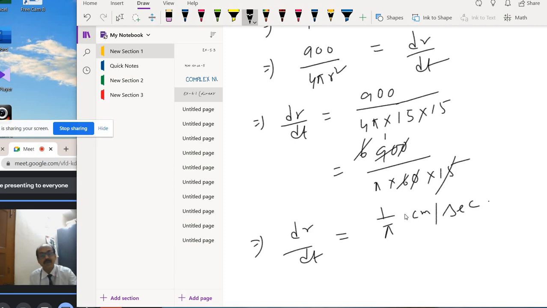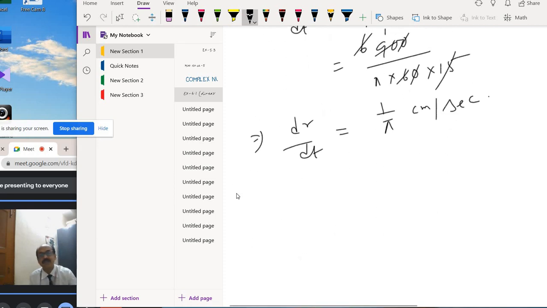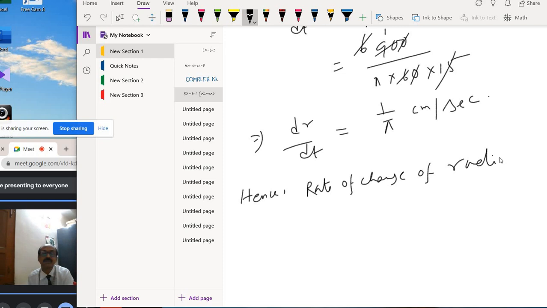Therefore rate of change of radius is 1 by pi centimeter per second. Okay, this is the answer.